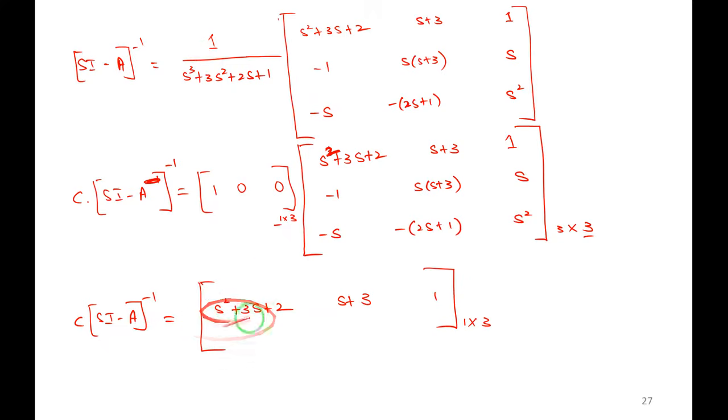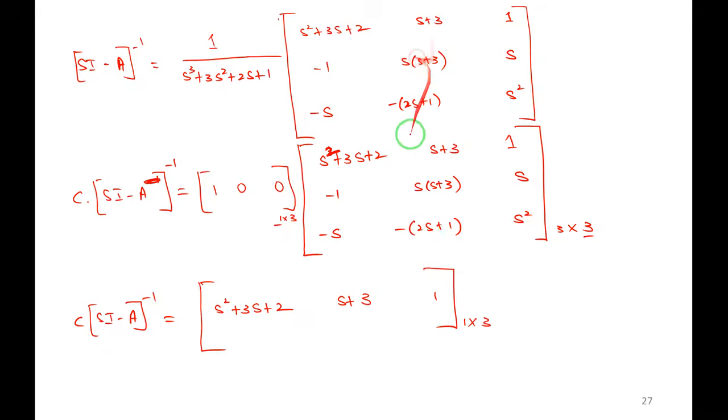So C into (sI minus A) whole inverse into B. C into (sI minus A) whole inverse is this: s square plus 3s plus 2 first element, s plus 3 second element, 1 is third element. So what is the vector B?